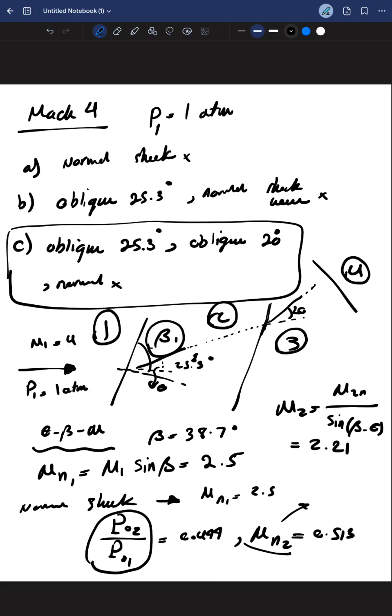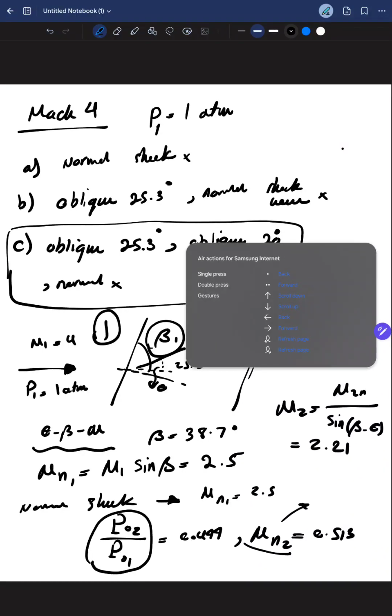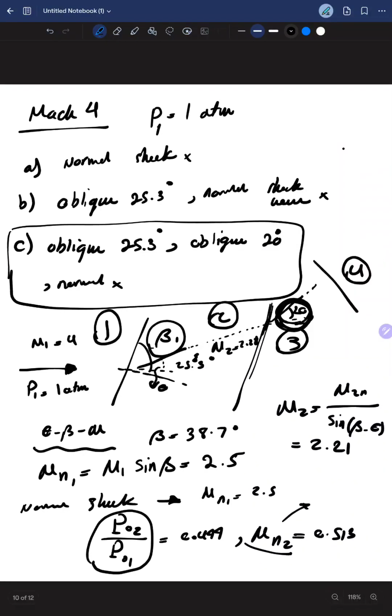Okay, 2.21. So add another page. Here M2 is 2.21, and it is met with an oblique shock with a deflection angle of 20 degrees.